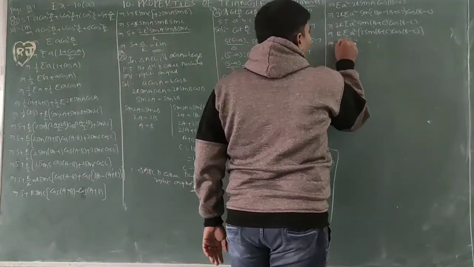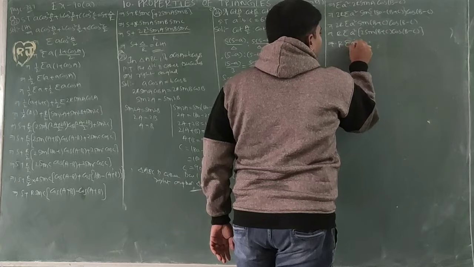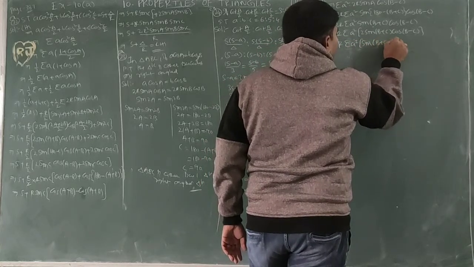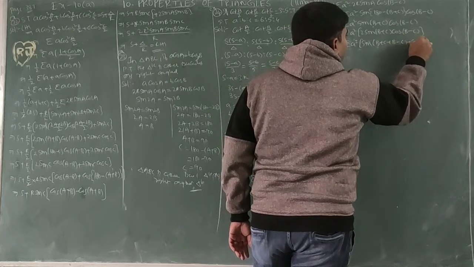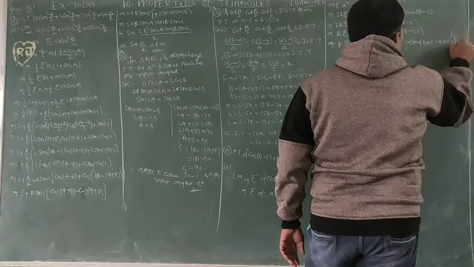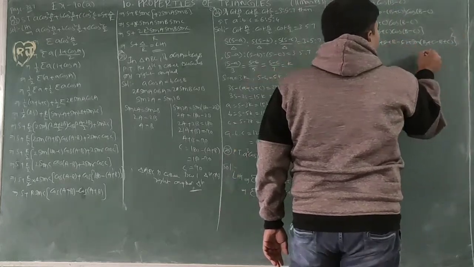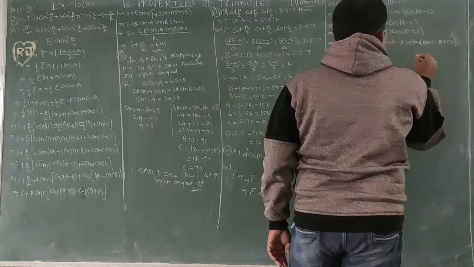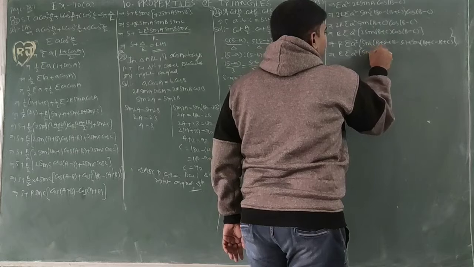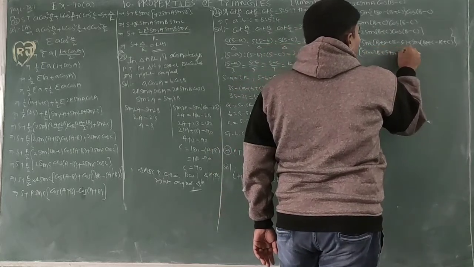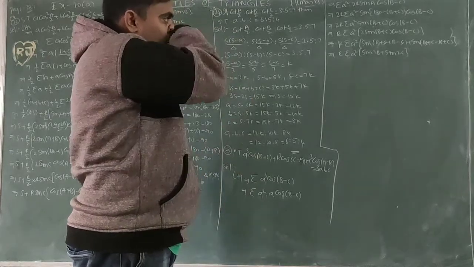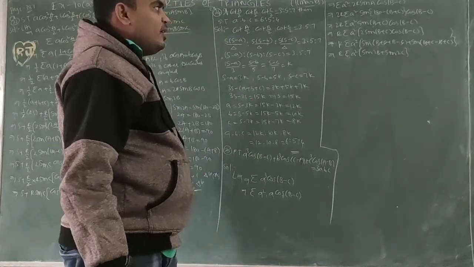So R sigma a square [sin (b plus c plus b minus c) plus sin (b plus c minus b plus c)]. Here C gets cancelled, B gets cancelled, so we get R sigma a square (sin 2B plus sin 2C).